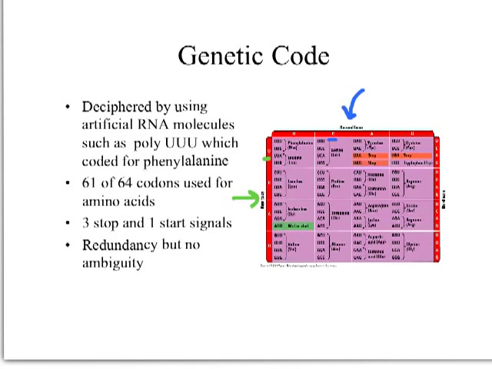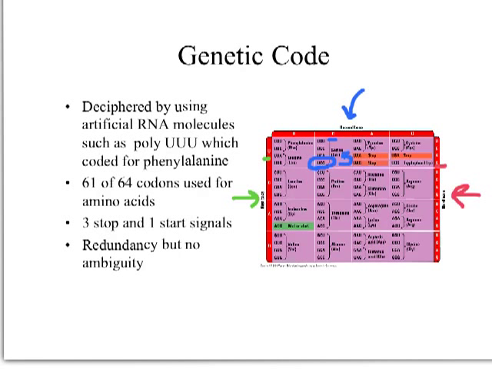So we're going to look in this area here, and then the third base is on the right hand side, so we take a look within each of the individual boxes. So if it were G, we take a look right here, UCG, and that's going to code for the amino acid serine.